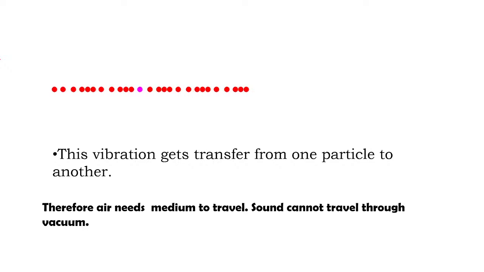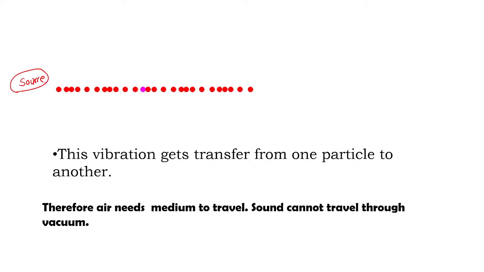So now as you know, what is the exact cause of sound production? It is vibration. So this vibration gets transferred from one particle to the other. You can see this in this animation, you will be able to see it very clearly. Suppose there is a source which is generating a sound.